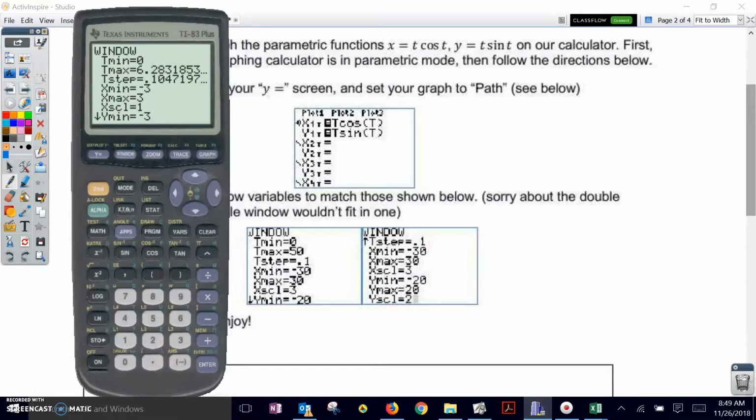Let's see, 0 to 50. By the way, I selected these window values in advance so that we could best see the path of this vector-valued function. Max 20, and my y scale is 2.